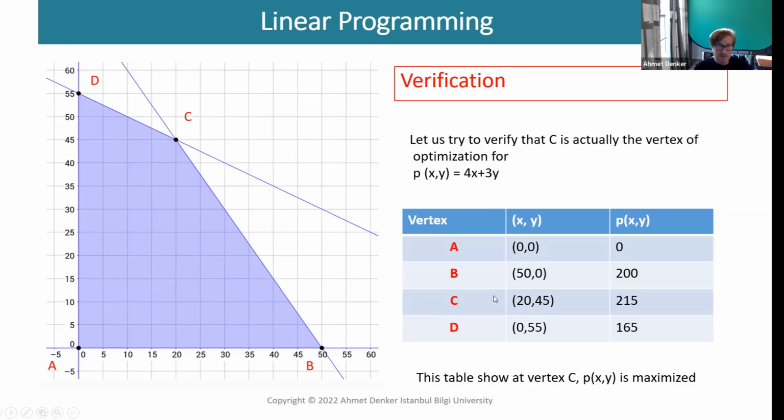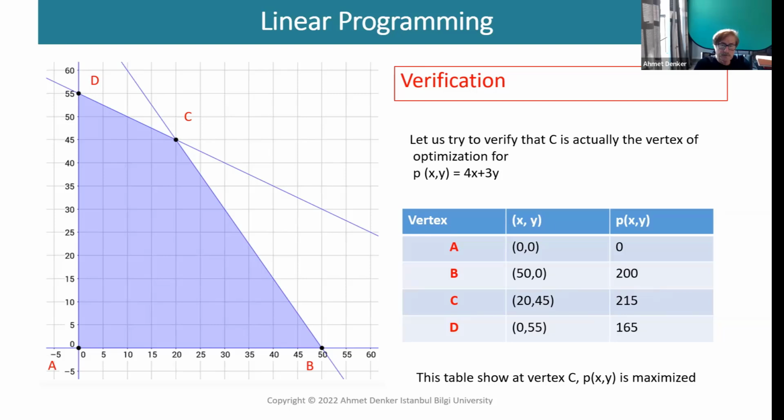At B, 50, 0, P is found as 200. At C, we had found 250, and D is actually 165. And we see from here, in fact, that C also gives us the optimal value.